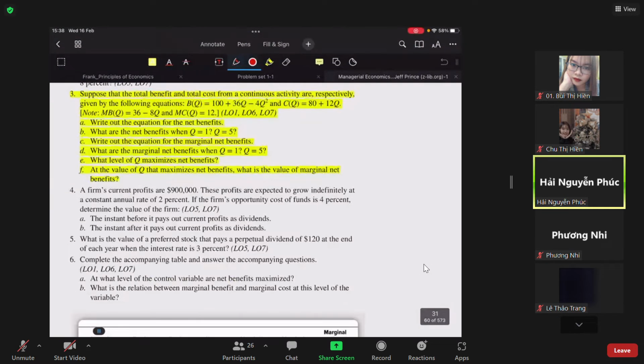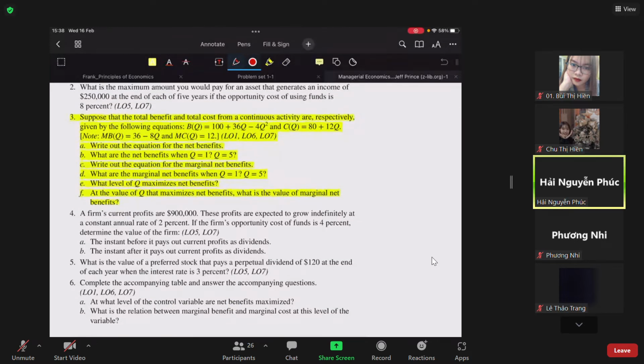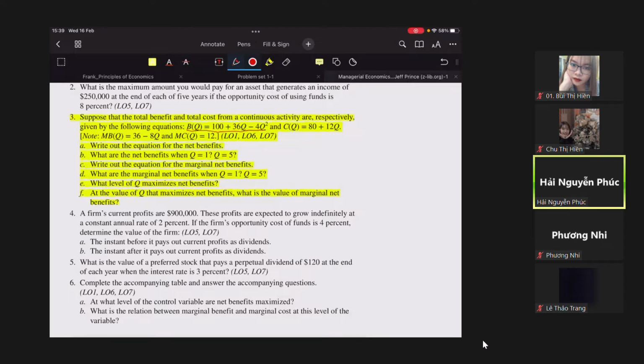The question number 3. They ask you the following. Suppose that the total benefit and the total cost from a continuous activity are respectively given by the following equations. So this one is the benefit function. This one is the cost function. All right. And question A, write down the equation for the net benefit.